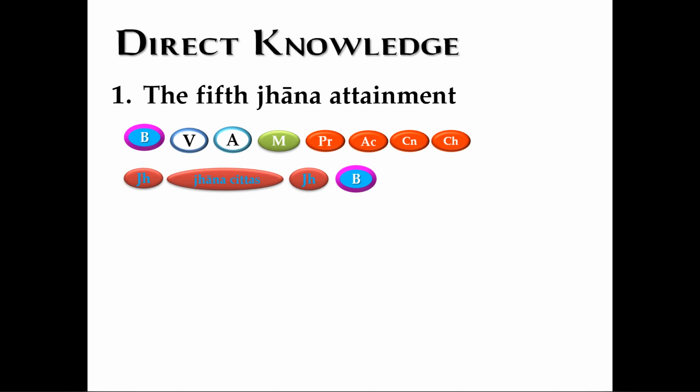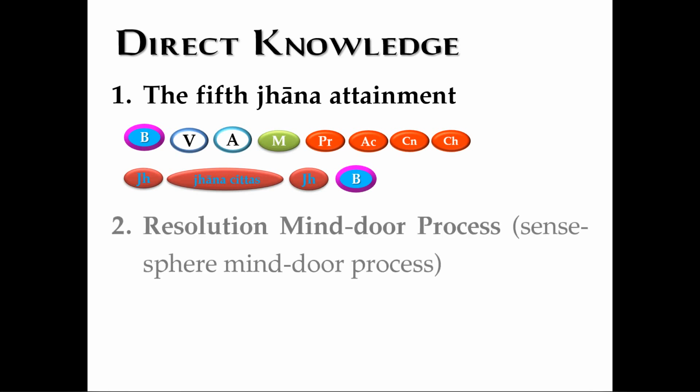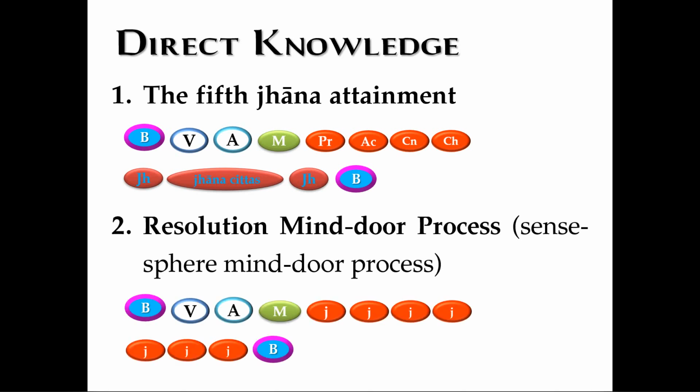Then bhavanga. So that is the fifth jhana attainment before you attain the direct knowledge. Then you make a resolution. Actually this is a mental process: mind-door adverting, 7 javanas and bhavanga.